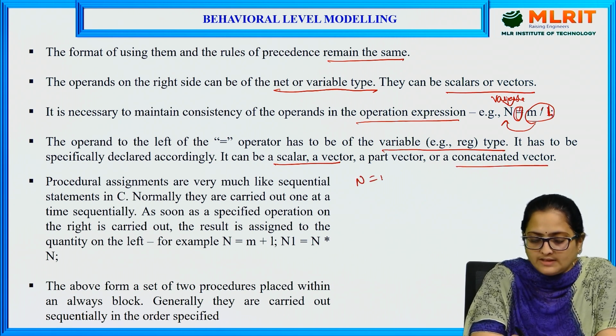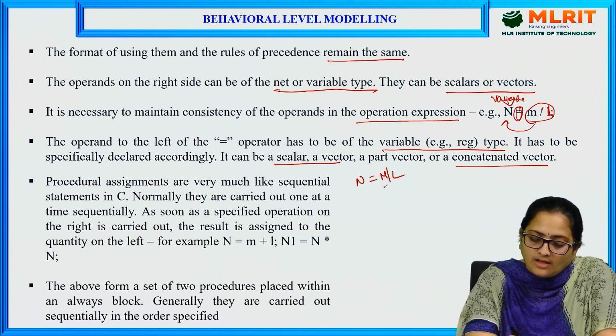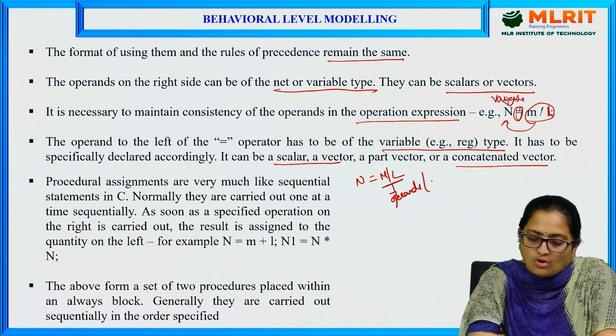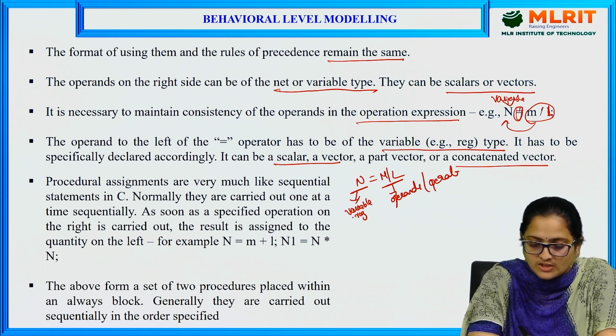See, n equals m by L is an example here. On the right hand side, you can use operands or operators, but whatever is on the left hand side will be of variable type, or we can say register type.